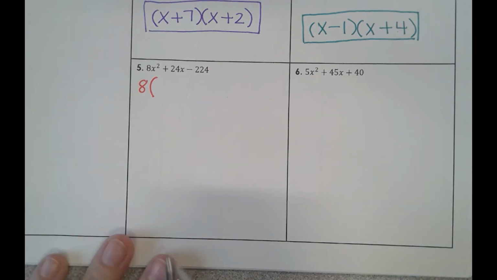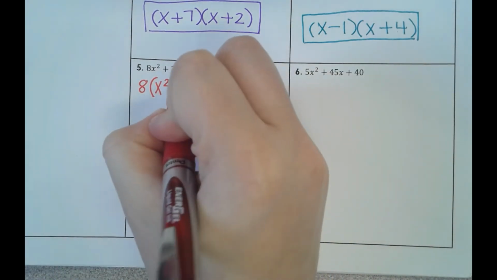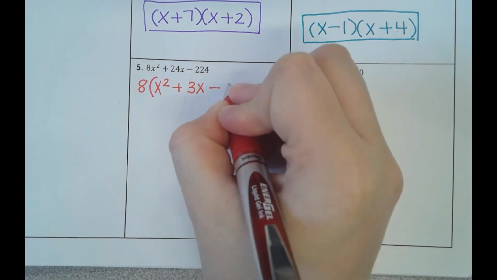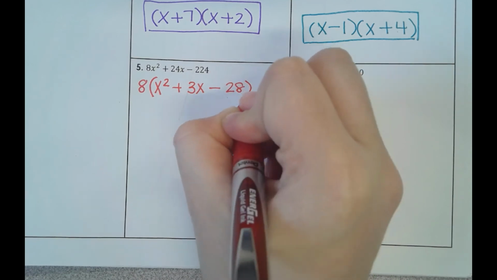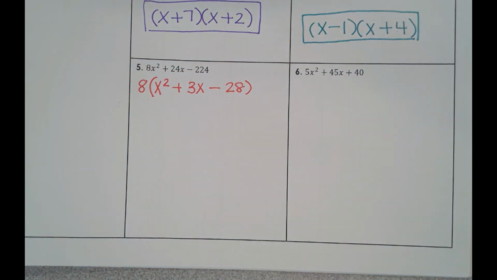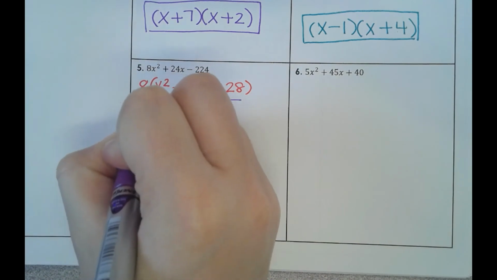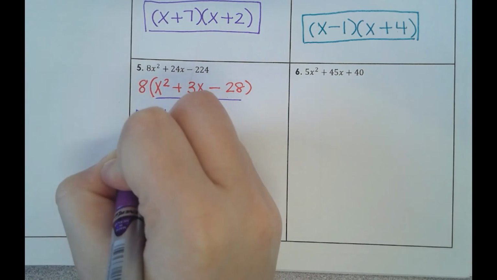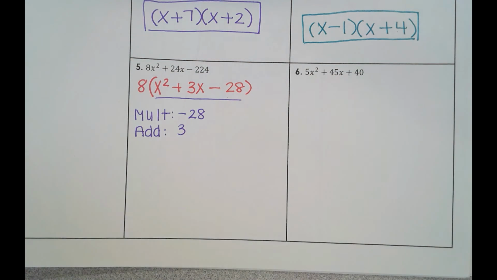So if we divide everything by 8, we get x squared plus 3x minus 28. So we now are looking for two numbers that multiply to be negative 28, but add to be 3.